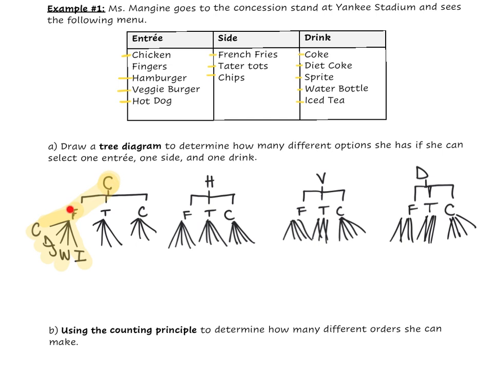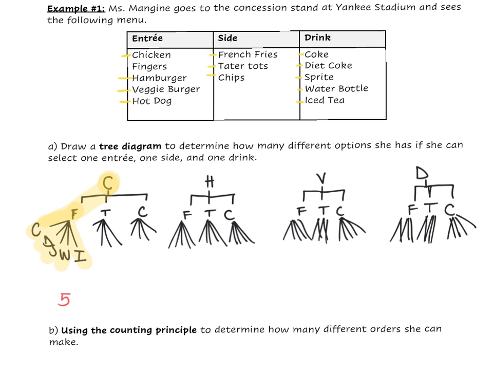We just kind of calculated them: 1, 2, 3, 4, 5. So if I have 5 options here, I'm likely to have 5 options here, here, here, here.